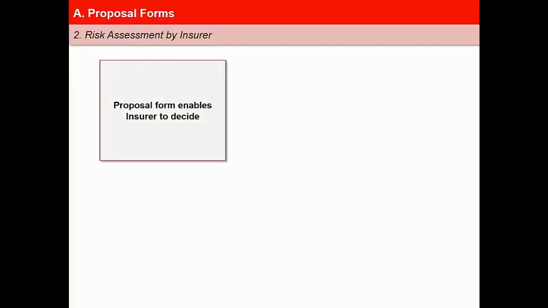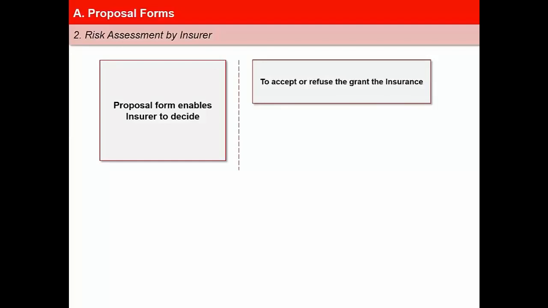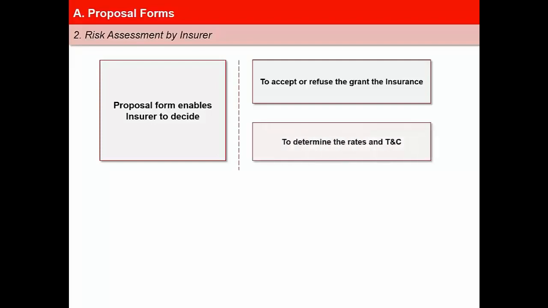Proposal form is filled by the proposer for furnishing all material information required by the insurer in order to enable him to decide whether to accept or refuse to grant the insurance and, in the event of acceptance of the risk, to determine the rates, terms and conditions of the cover to be granted.